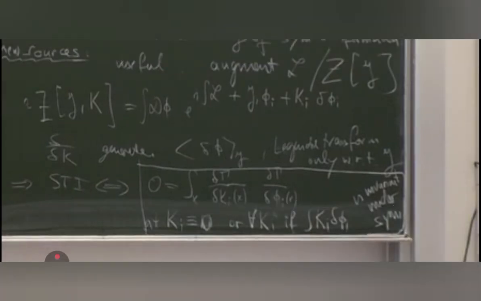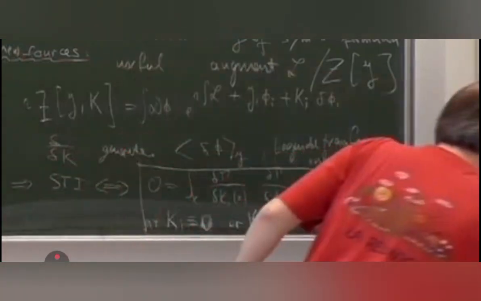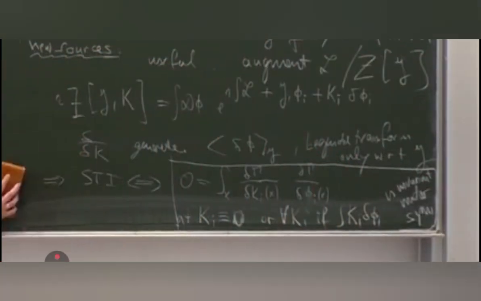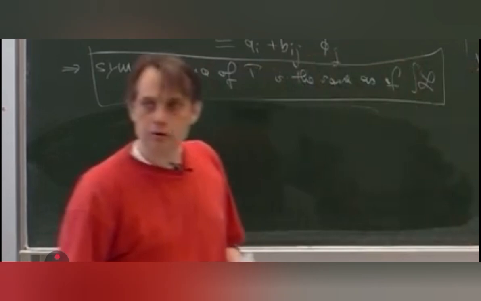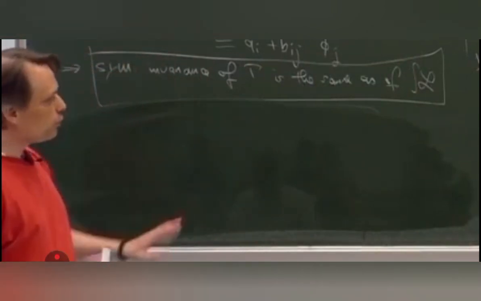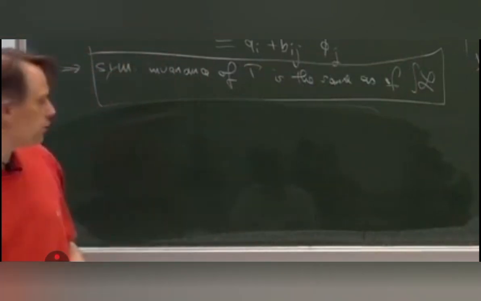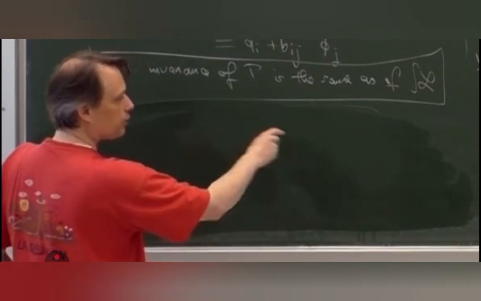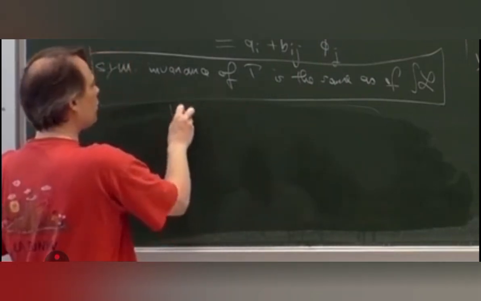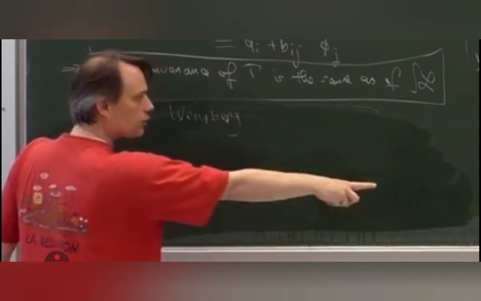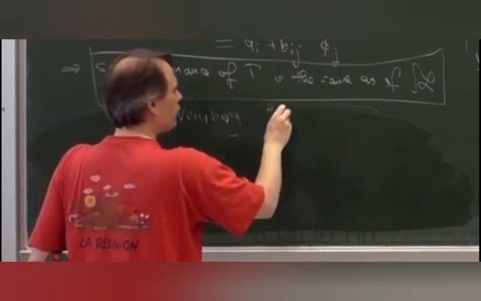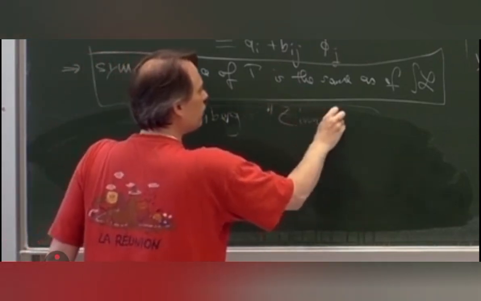Let me just add a non-physics remark to this. So these identities go under different names in the literature. We will call them Slavnov-Taylor identities, and other people call them differently. In the Weinberg textbook, they are called Zinn-Justin equations.